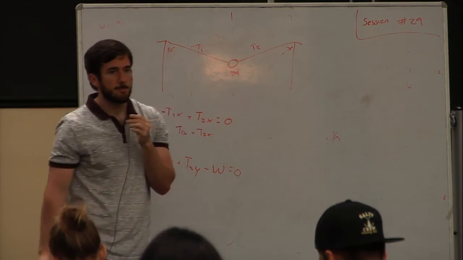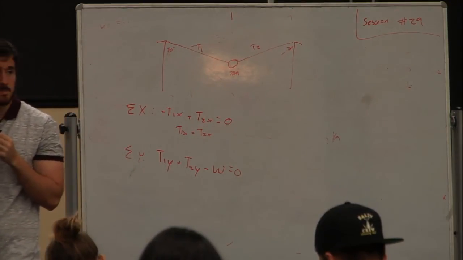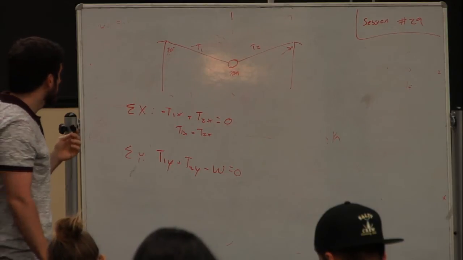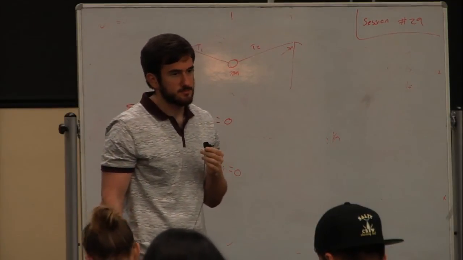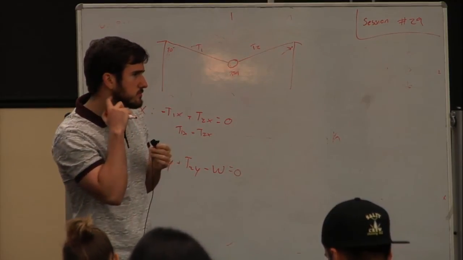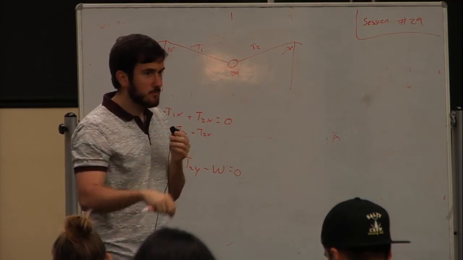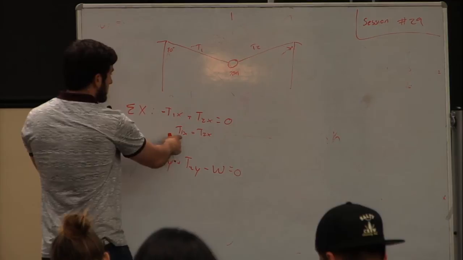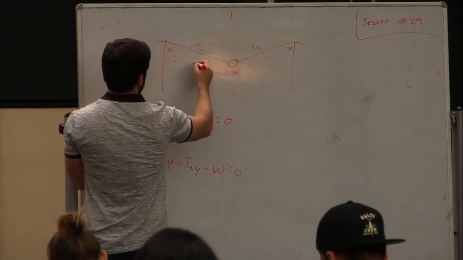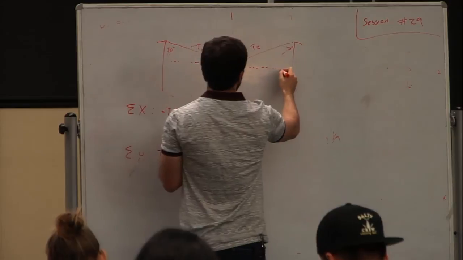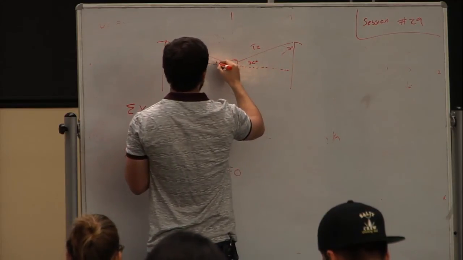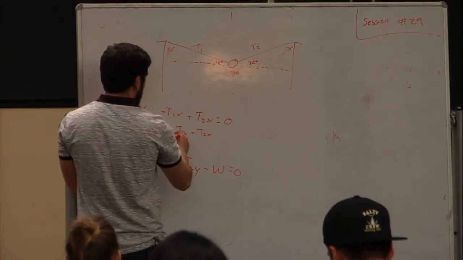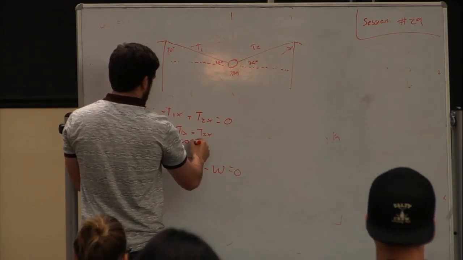So this is 20 degrees. This is 10 degrees. T1x, the x component of that, would be T1 times cosine of 10. And the x component of tension 2 would be T2 cosine of 20. You follow this far? So now if I go even further with it, I would get T1 divided by T2 is equal to cosine of 20 over cosine of 10. Someone want to tell me what that equals?